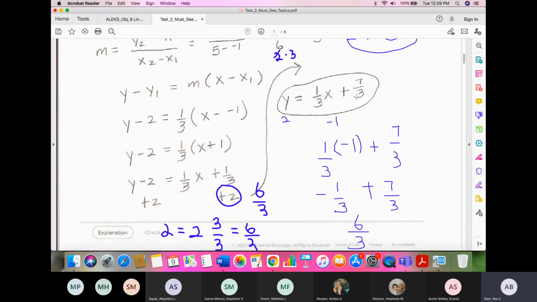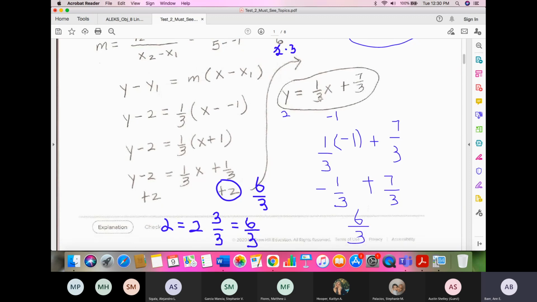So let's check. We know this entire side is equal to 2, so what we need to do is check this side and see that we can prove that this right side is equal to 2. If we put -1 in for x here, we would have 1/3 times -1 plus 7/3.